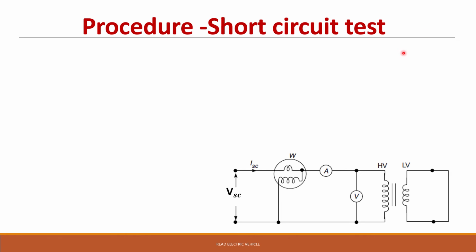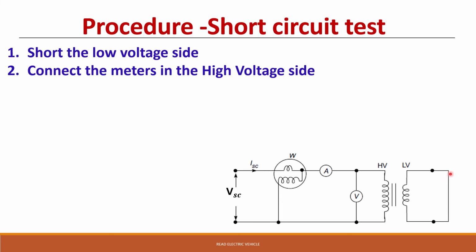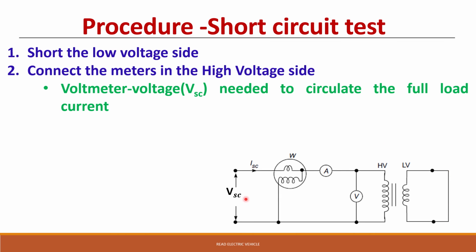So the procedure for the short circuit test is that you short the low voltage side and then connect the meters on the high voltage side. Again here you have to use an auto transformer. You adjust the voltage such that you get the short circuit current in the ammeter.